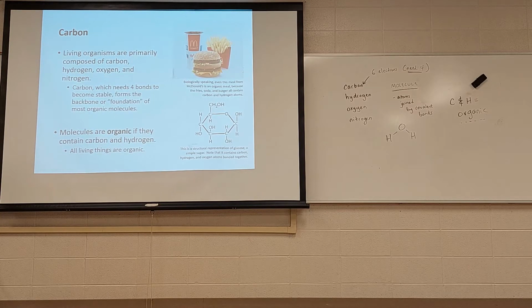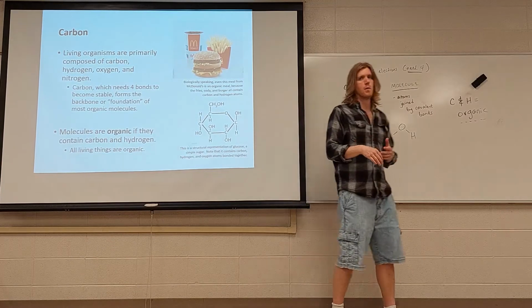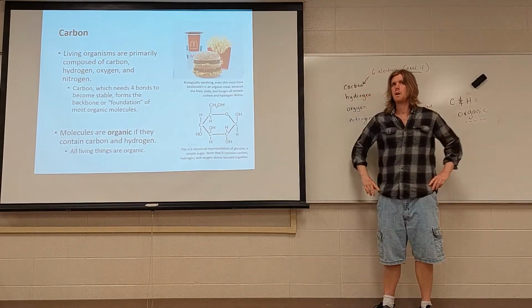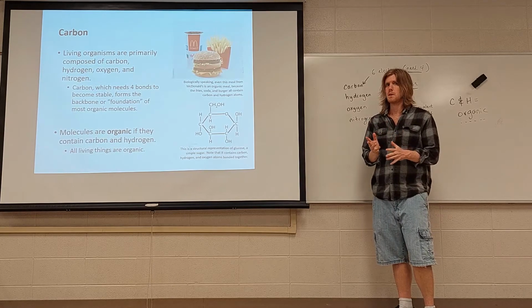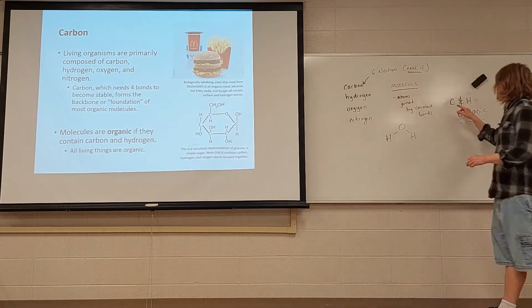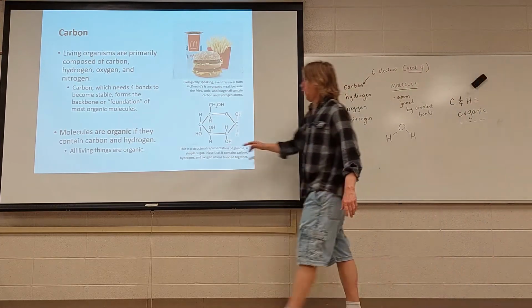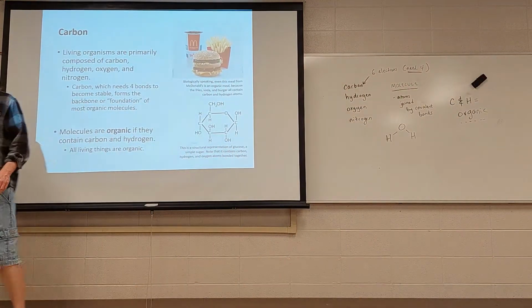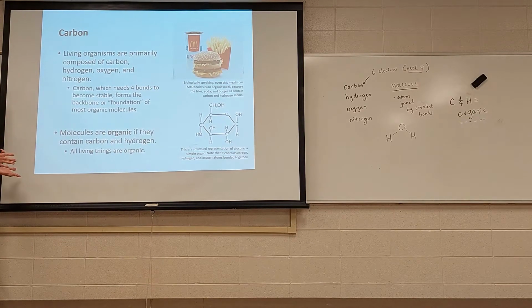That is what you think of when you think of organic, I'm sure. And the U.S. Department of Agriculture has its own definition of what constitutes organic food. But in terms of this class and biologically speaking, anything that has carbon and hydrogen is organic, which means all living things are considered organic, which also means all food is organic.